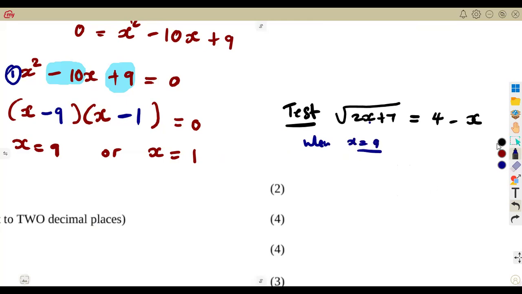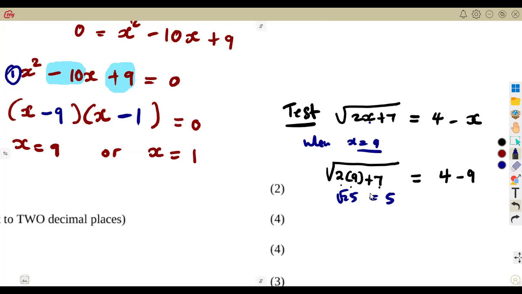In place of x, we substitute 9. The square root of 2 times 9 plus 7. Is it going to be equal to 4 minus 9? So this is 18 plus 7, which is 25. The square root of 25 is what? It's 5. You take positive values.